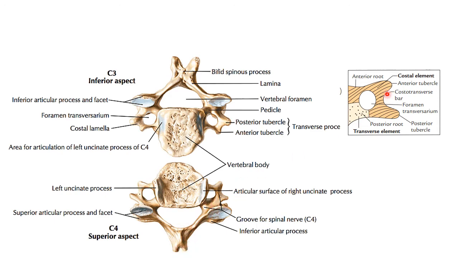If you look at this area, this is the transverse process, this is the anterior root, this is the anterior tubercle, this is the costotransverse bar, this is the posterior tubercle. This is the costal element, and the posterior root is from the transverse element.